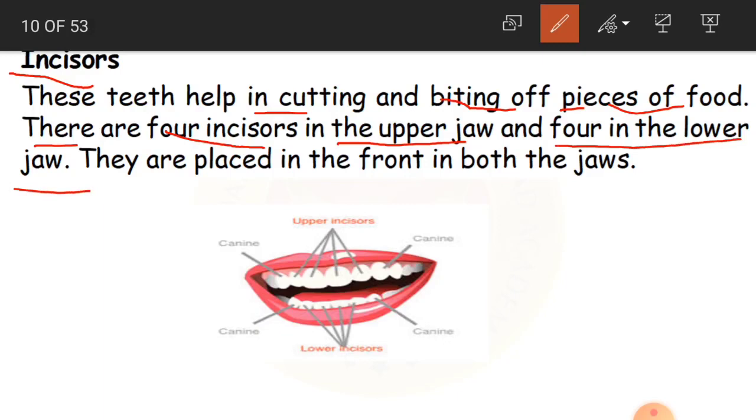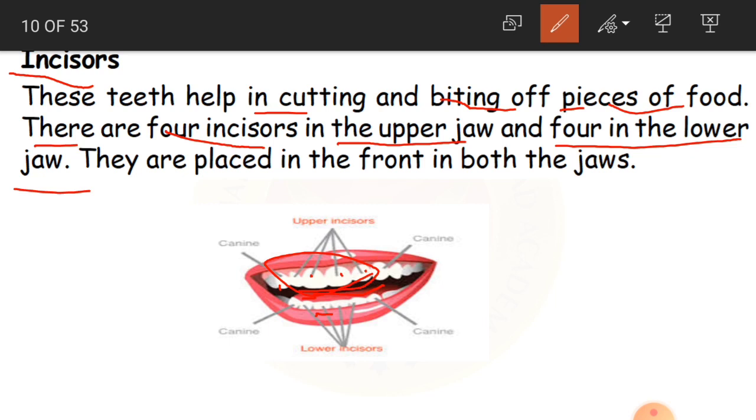See here, you are able to see this part in the upper jaw, the first front four teeth. So 1, 2, 3 and 4. You'll be having four incisors in the upper jaw, again four in the lower jaw. Children, they are placed in the front in both the jaws.